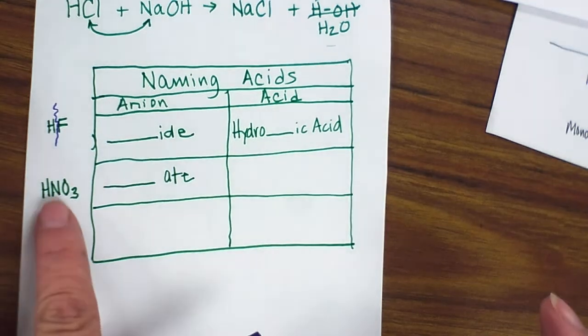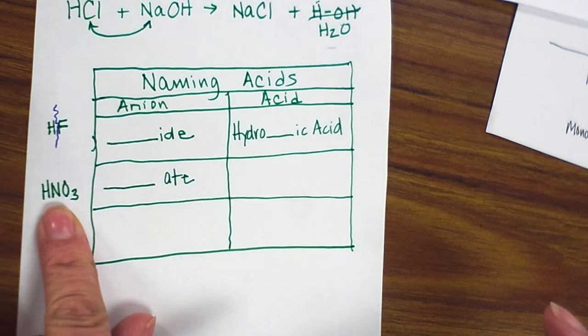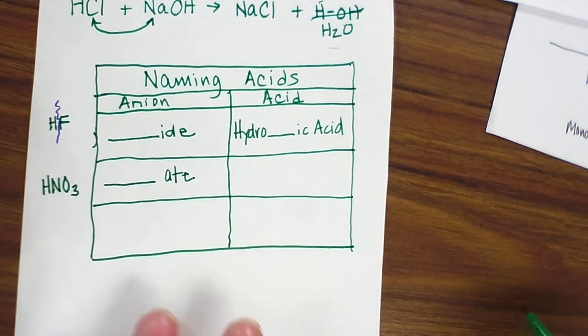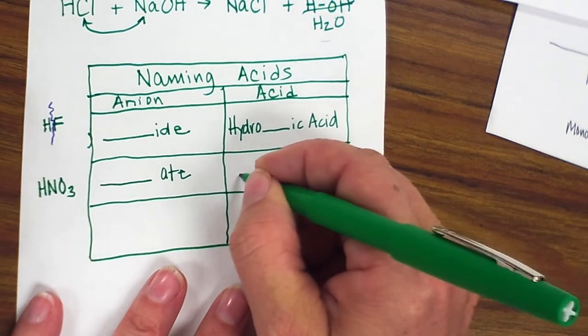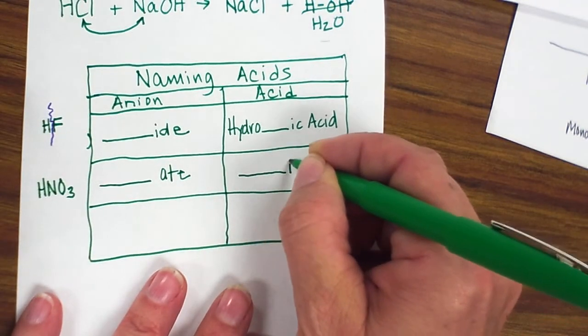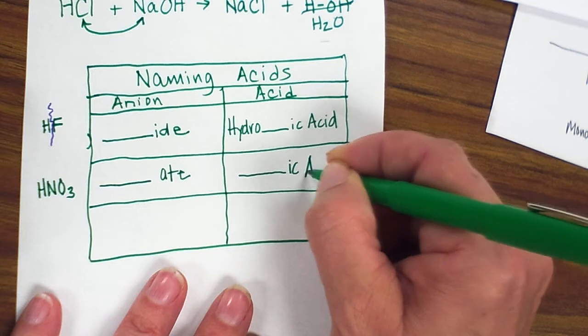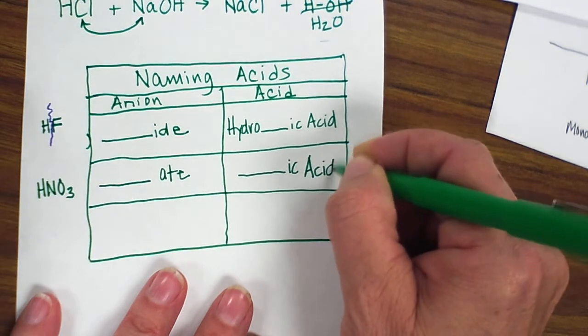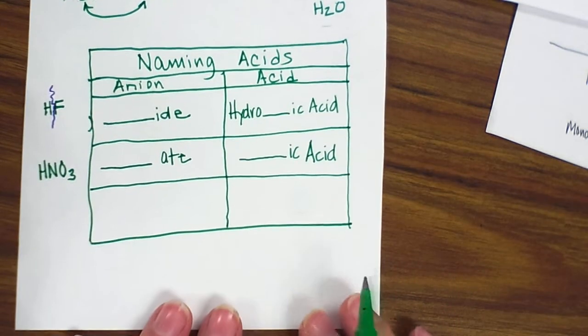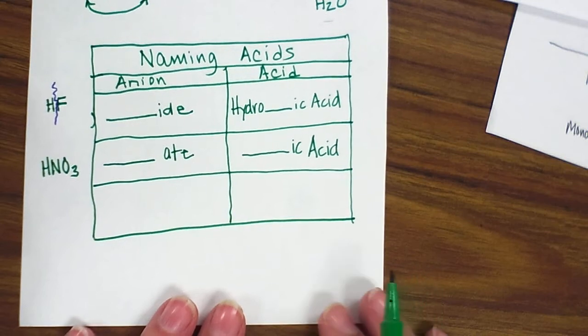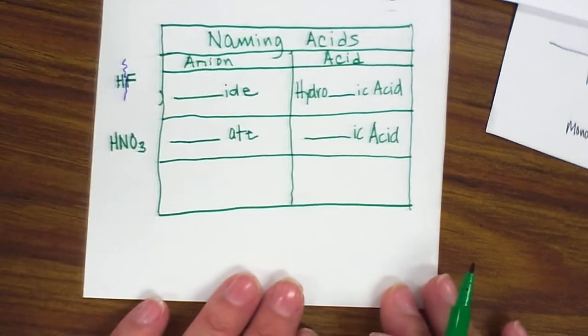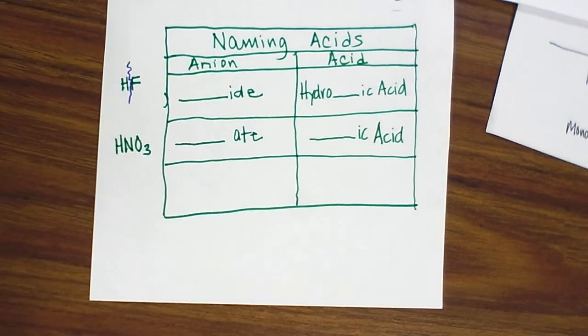That's nitrate. NO3. So then the acid is going to be called ic acid. So this would be called nitric acid. And we know this pretty quickly because we look and we see NO3. We say, oh, that's nitrate, nitric acid.